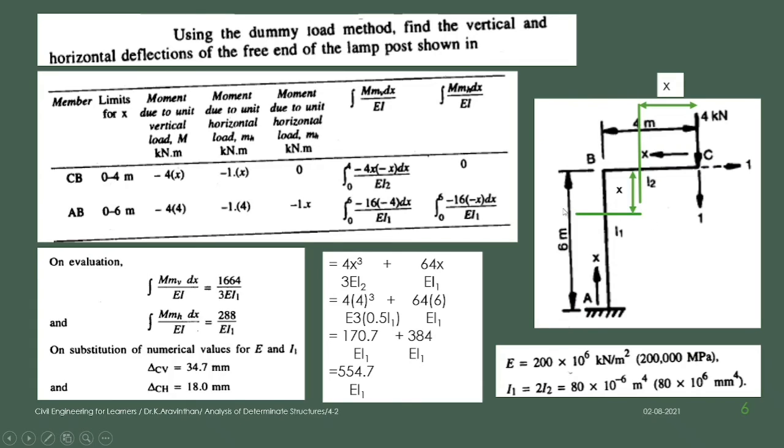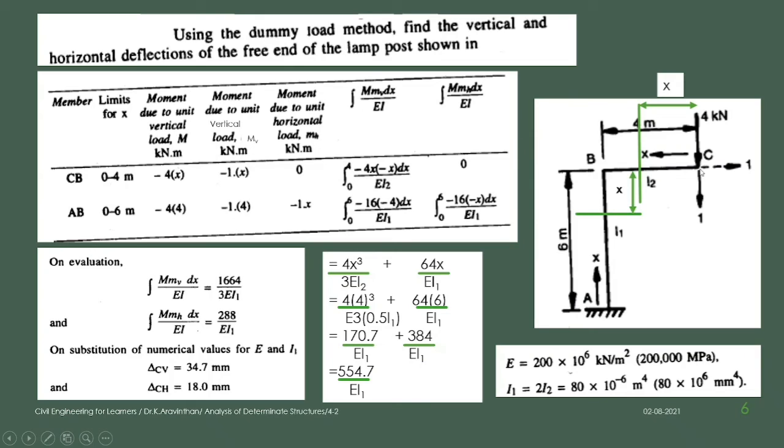So we have the two portions, 1 into x between C and B and 1 into 4. So this is our bending moment. Now you have applied a unit vertical force and you have found the moment due to the unit vertical load, that is MV.